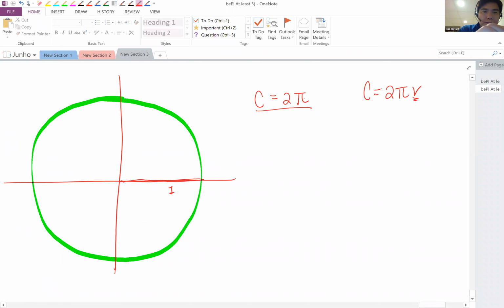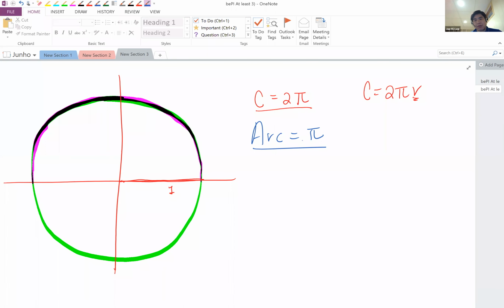Which means the circumference of this half circle, we always call arc. So the arc of the half circle will be pi. Because it's a half circle, the arc of 180 becomes pi.